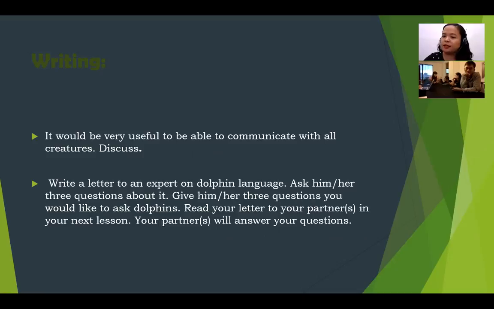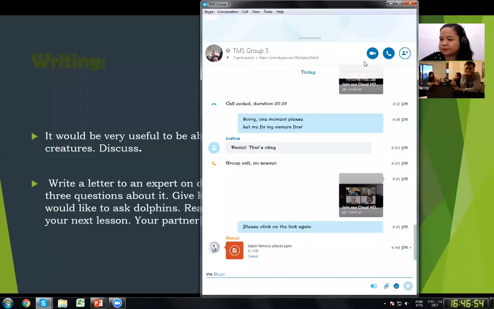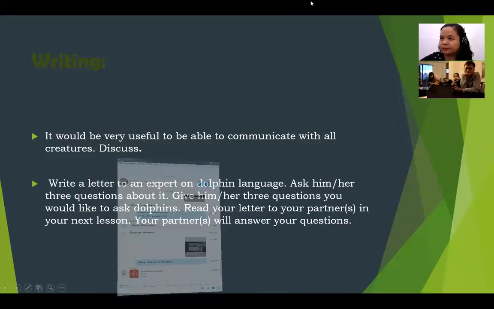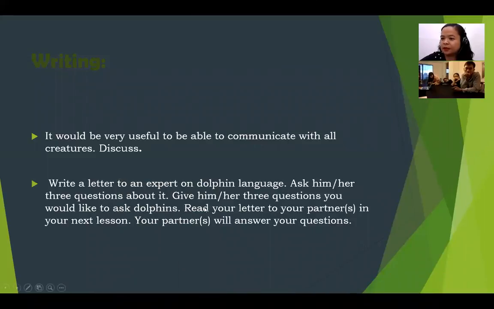Or you can write a letter to an expert, a scientist. You can ask three questions about the topic, which is that talking dolphins may have grammar. So this is the writing exercise.